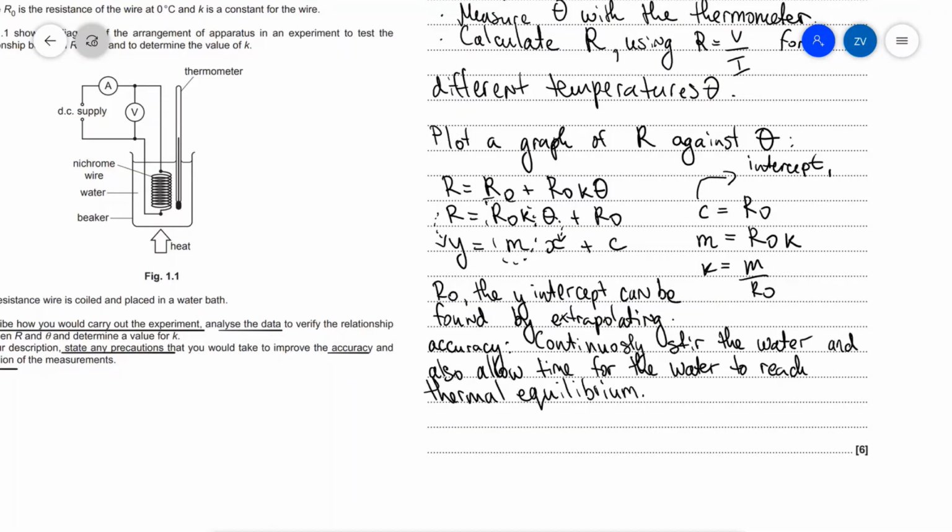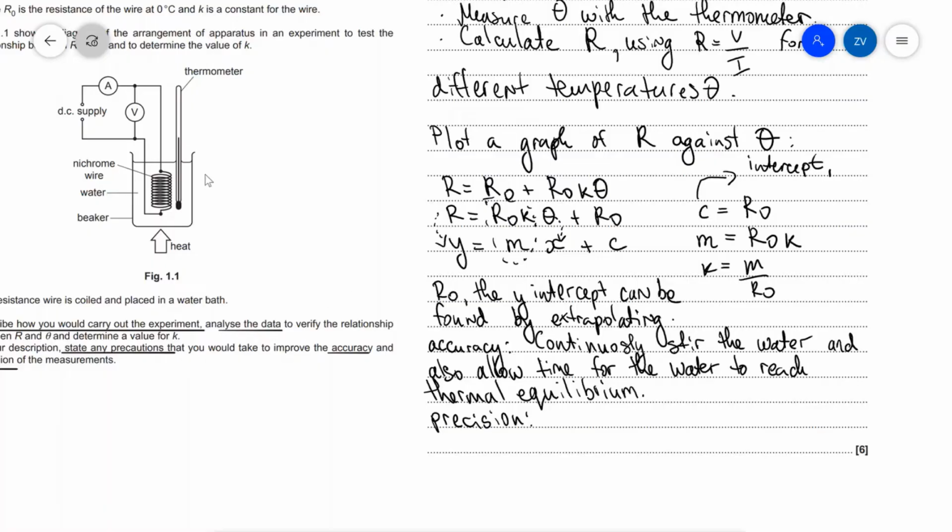All we need to do now is comment on the precision. As you can see, we've written over here that for the accuracy, we're going to continuously stir the water and allow time for the water to reach thermal equilibrium. For the precision, let's just write down precision.